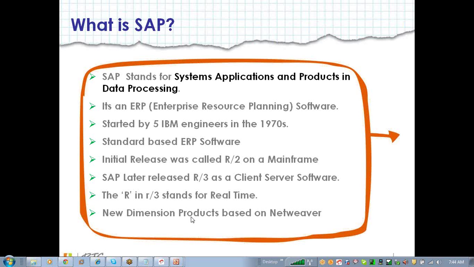But if I want to enhance my business, for example, ICICI Bank. If they want to enhance their business, they need to give the online banking access to all the users, and also enhance their business in terms of getting online access. To do that, only ABAP is not possible for us.